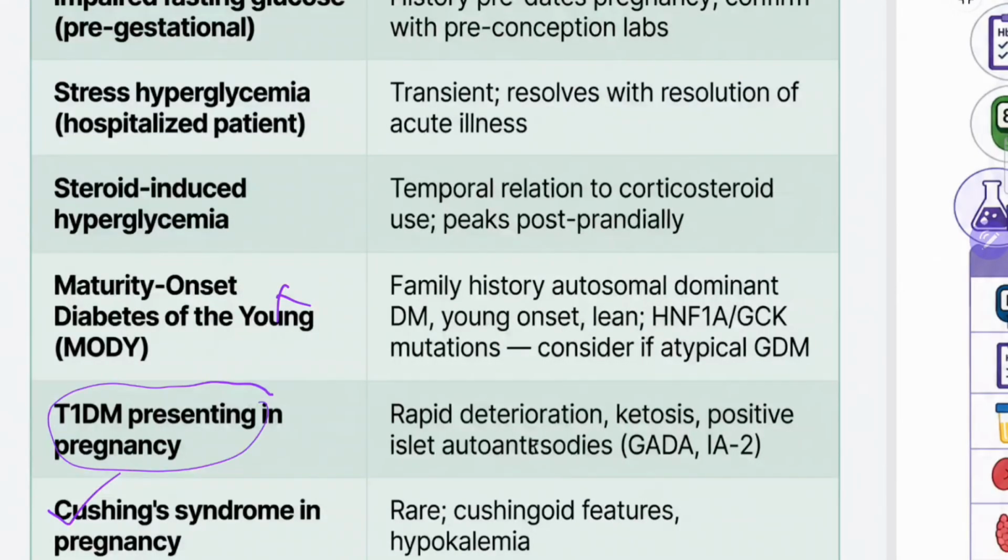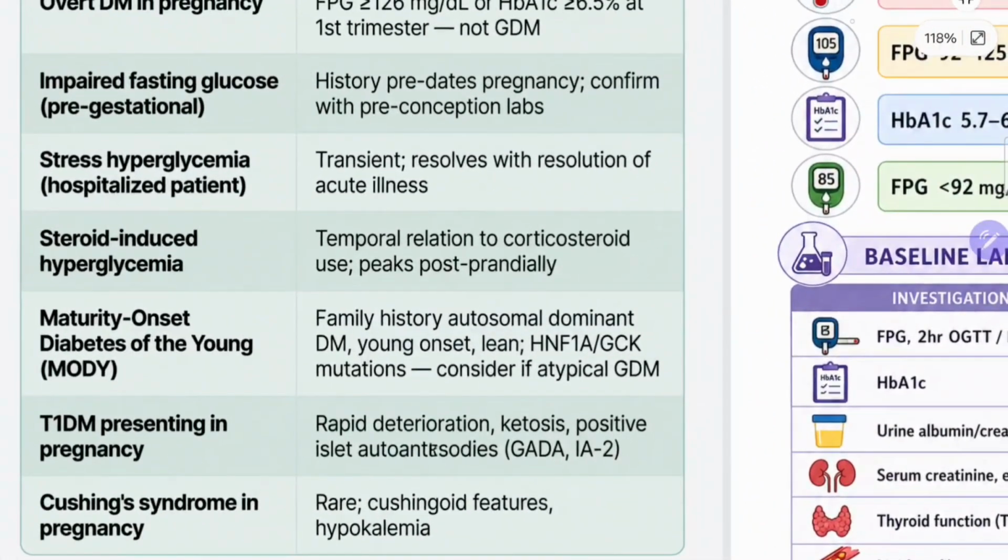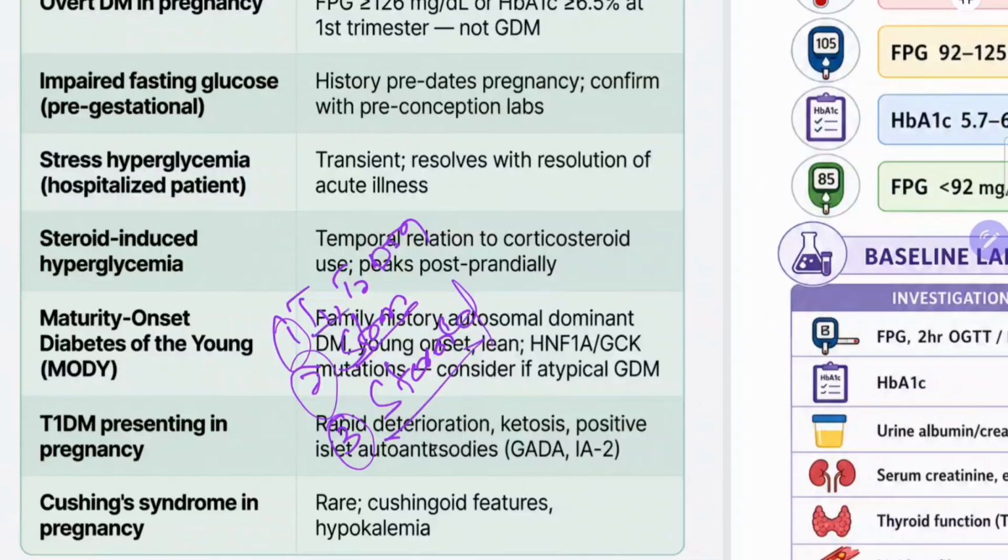Remember, the important differential diagnoses of hyperglycemia in pregnancy: it can be either type 1 or type 2 diabetes mellitus, or stress hyperglycemia, or steroid induced hyperglycemia. Stress, steroid, type 1 and type 2 diabetes mellitus.